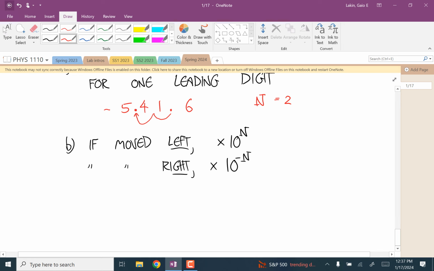Left. And so that says that our answer is going to be negative 5.416 times 10 to the positive 2.